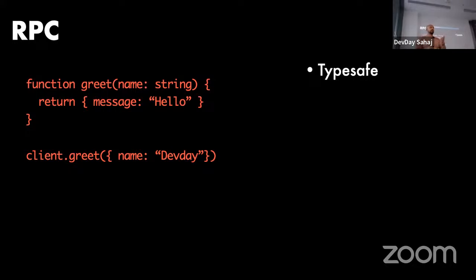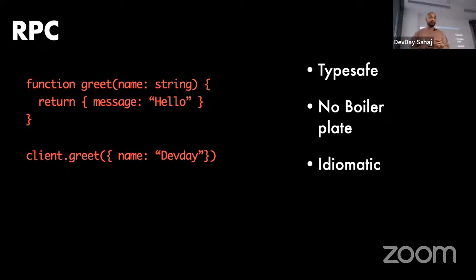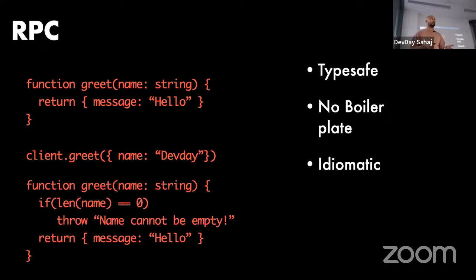So the good part is there is type safety. You know exactly what the parameters are, what the name of the function is, and all of that. There's not much boilerplate code. You don't have to write any serialization, deserialization stuff. It is idiomatic. For example, if you want to throw an error, just throw an error. Don't throw an HTTP error or set a response, or throw an error as JSON and not set 200 as the status.